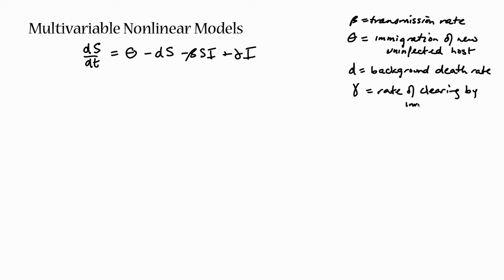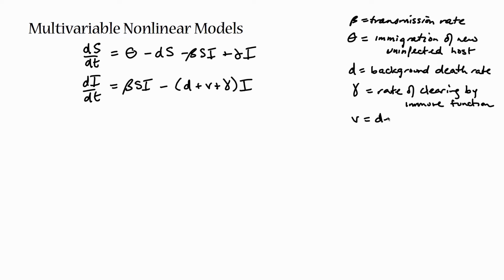Rate of clearing by immune function. And the number of infected individuals over time is going to change according to beta times S times I minus all of these forms of death, D plus V plus gamma, all times I. So V is the death rate due to the disease.